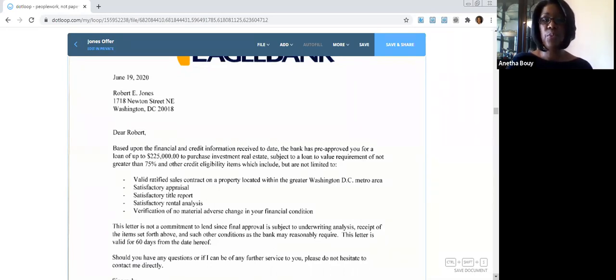Okay. And so we want to make sure that the offer that we've received will stand up to the loan, or the loan will stand up to the offer rather.